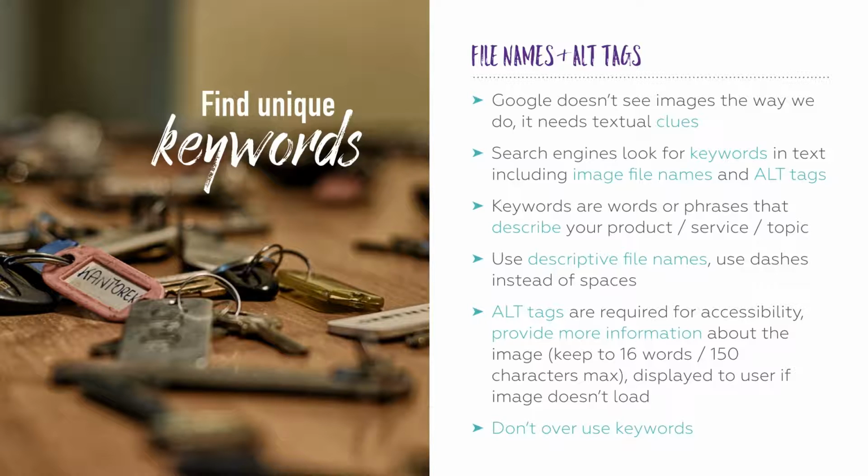So come up with maybe one main keyword phrase and then a few other supporting and relevant phrases. So things like different ways to word that keyword or phrase, or maybe just different words and phrases that are related to that specific keyword.